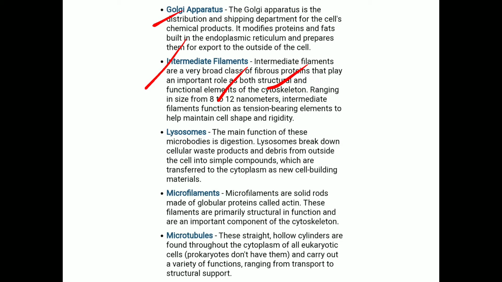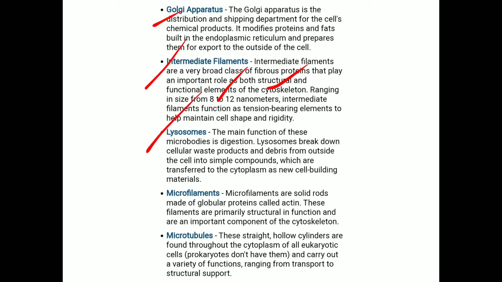Intermediate filaments function as tension bearing elements to help maintain cell shape and rigidity. So these filaments give shape to the cell and also rigidity. Here rigidity means whenever the cell is filled with fluid, whether cytoplasm or water, the cell does not burst, with the help of this capacity, rigidity.